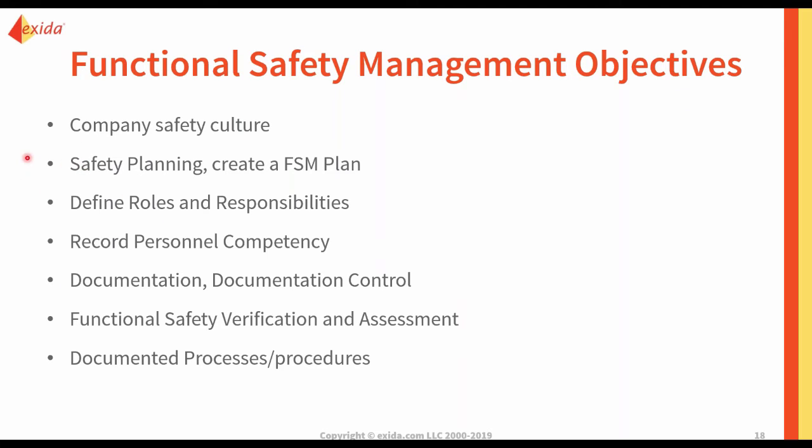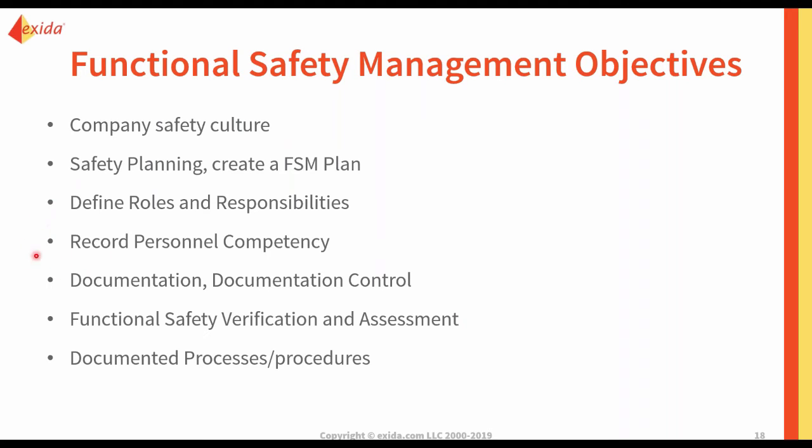Additionally, having that safety planning, so a clear functional safety management plan, helps to document the requirements for the next steps. Having well-defined roles and responsibilities, so understanding who's responsible for each life cycle step, provides added accountability.